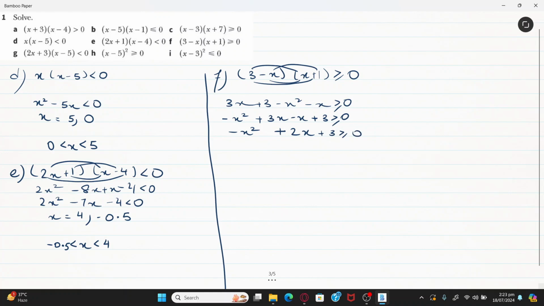And the thing is, I've discussed clearly in my previous lectures, and I emphasize a lot on it, that it's important for the coefficient of x squared to be a positive value when you are solving inequalities or equations. Otherwise the graph would become a sad face, something like that. But it's important that we make the coefficient of x squared a positive value.